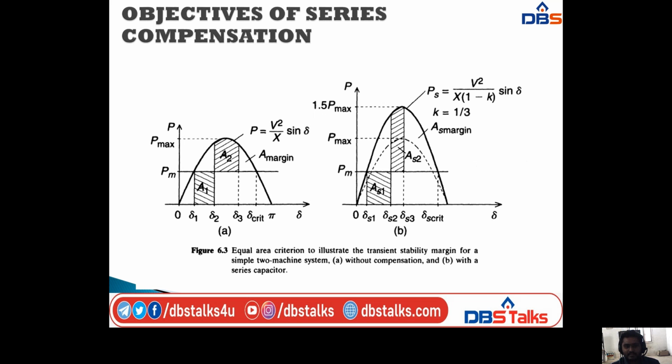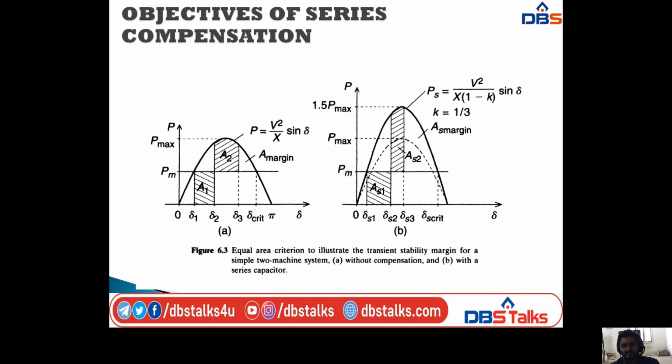The A diagram gives the equilibrium criterion for the transient stability margin for a simple two-machine system, that is, without compensation, and the B diagram is with a series capacitor. Here the characteristic diagram is drawn between power and delta in both cases.